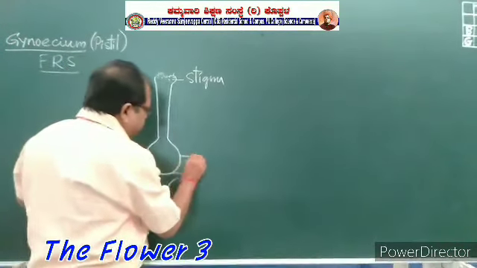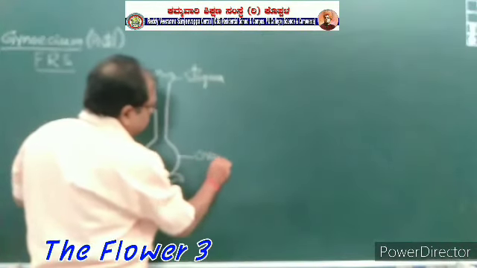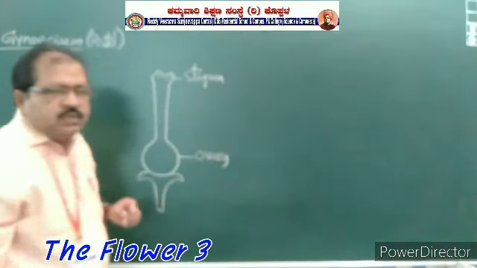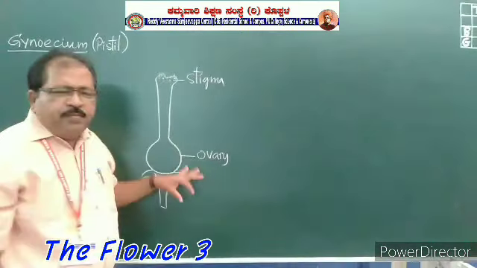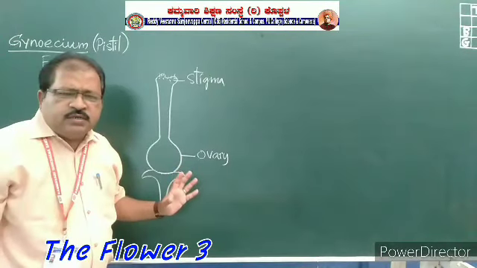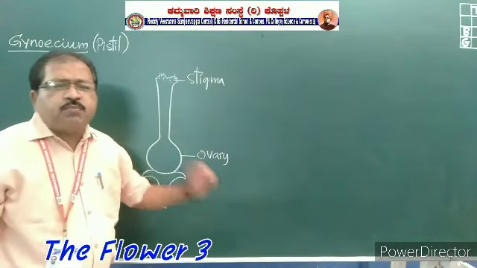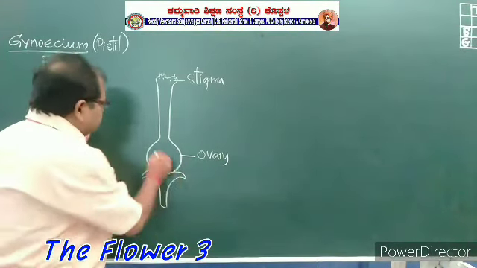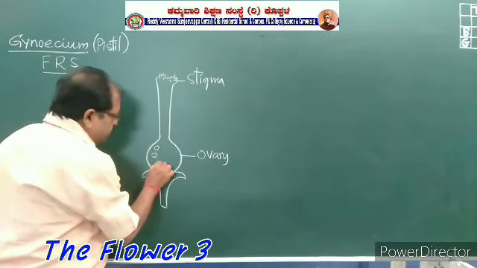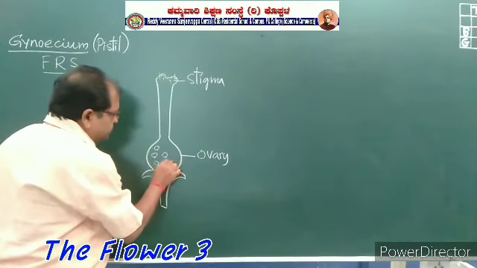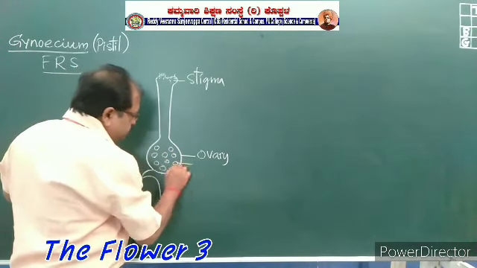This is called ovary. This is the female reproductive structure where the ovules are produced. Small ball-like structures are present inside this ovary, which we call ovules.